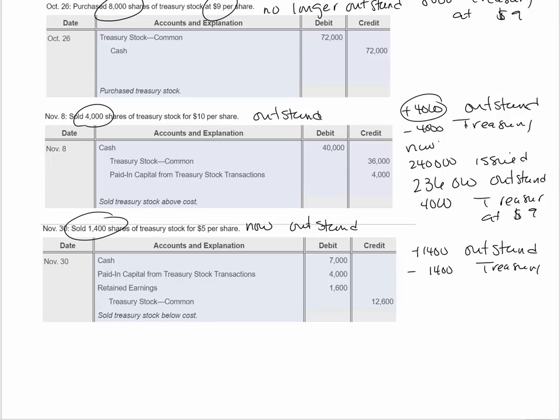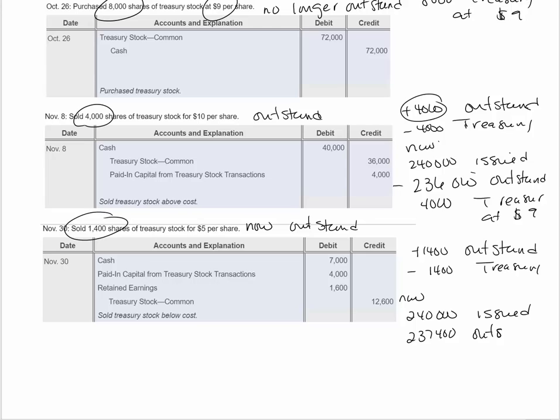So now our new totals. Oh, sorry. So we still have 240,000 issued. We have 236 plus 1,400, so we have 237,4. Important to get the right number of zeros.